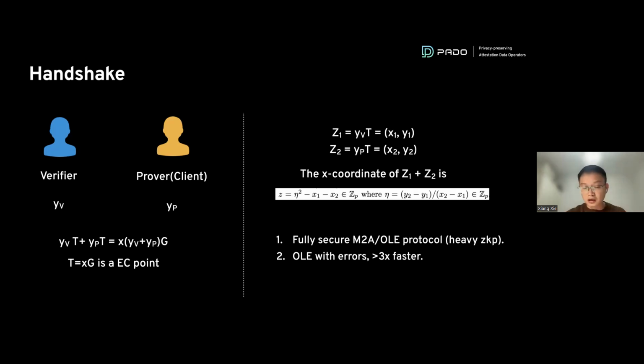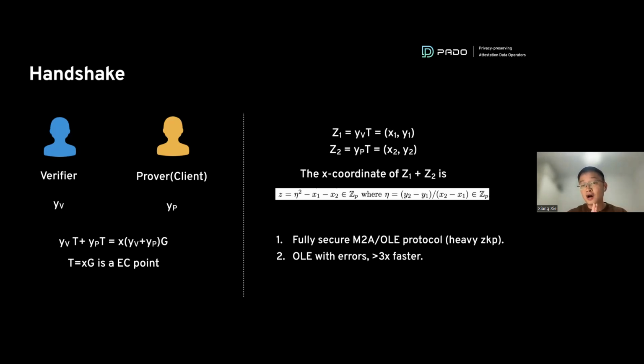This building block is very lightweight, and we found that using this weak building block is still sufficient for our protocol. The reason is that, recall, at the end of the protocol the prover has to prove that everything is done correctly.